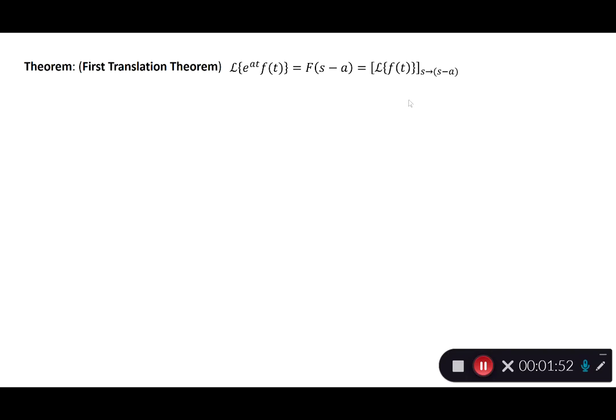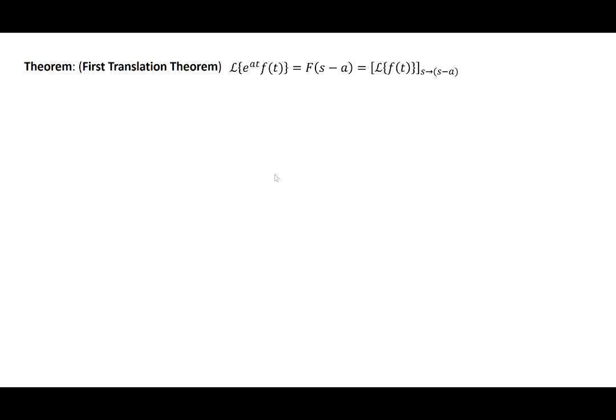Well, can you figure out why this is called first translation theorem? What has translation got to do with anything? Think about it. If you have the graph of a function F of s, and you want to find the graph of F of s minus a, let's say without any loss of generality, a is a positive number.